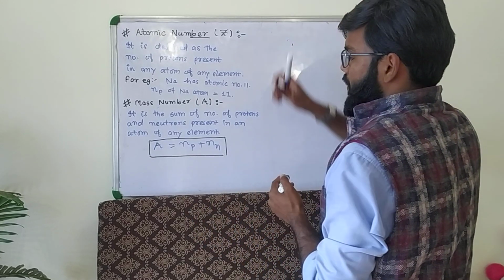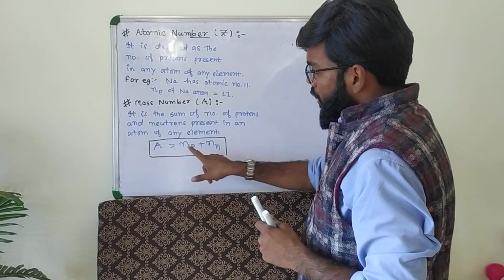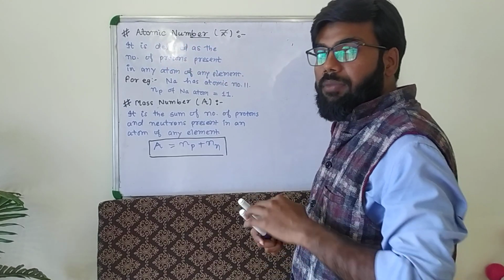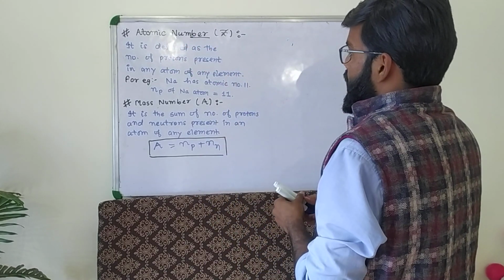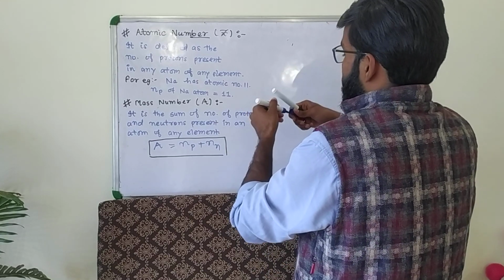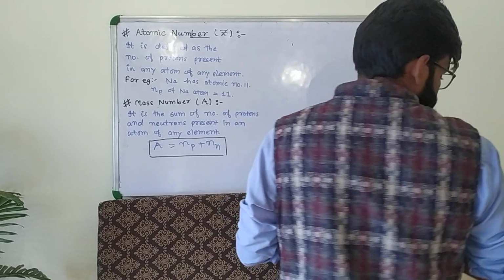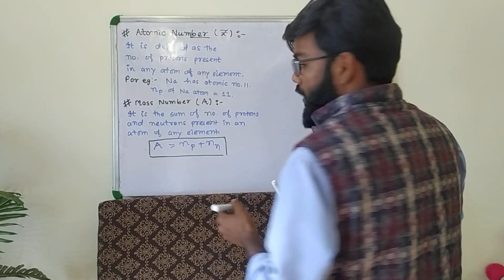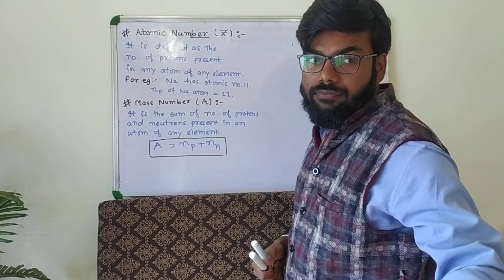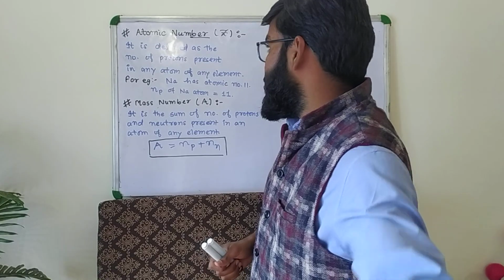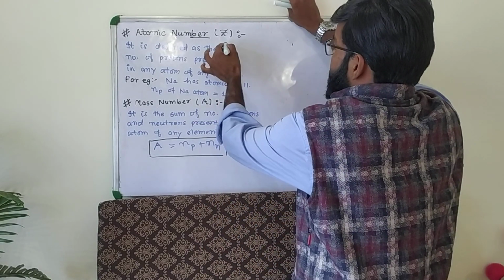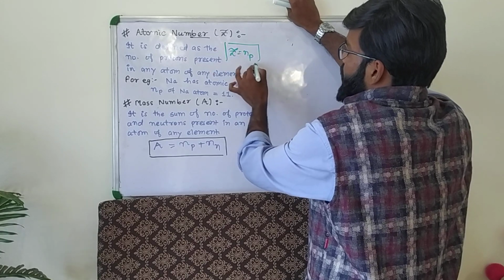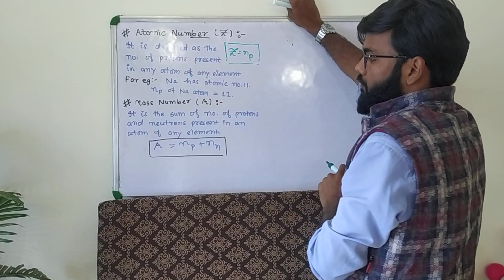From here we know that atomic number is nothing but the number of protons, we have studied this. So here I can write Z is nothing but the number of protons. In simple words we can say this from the definition.